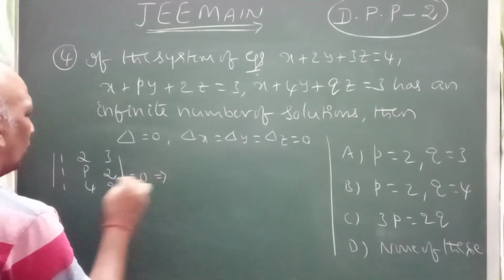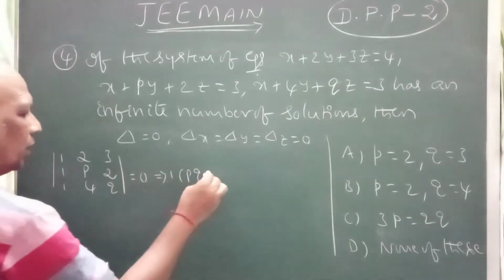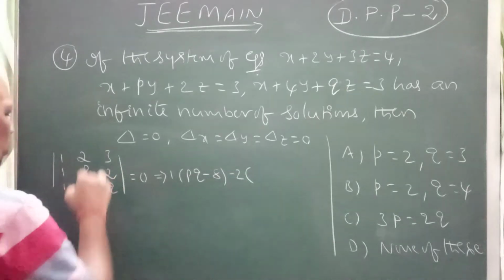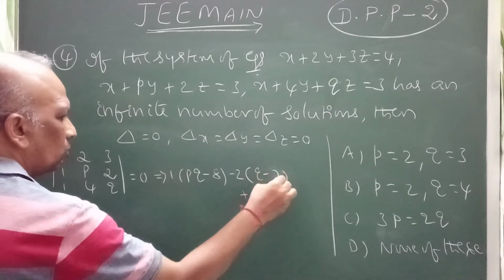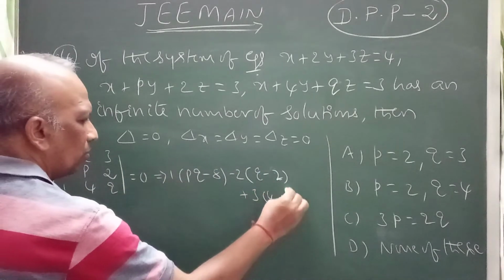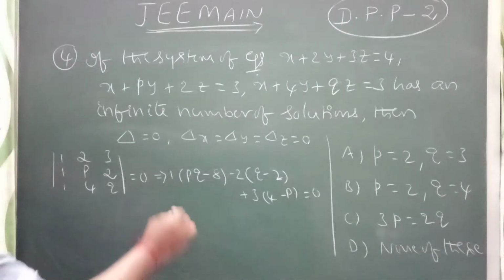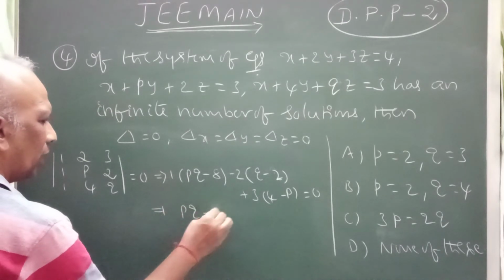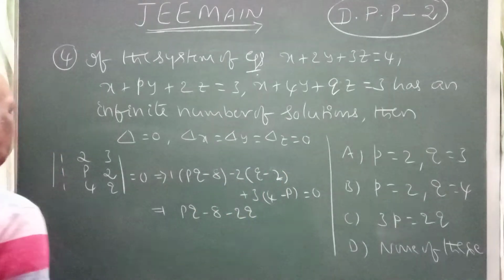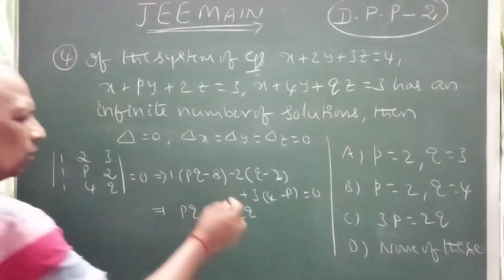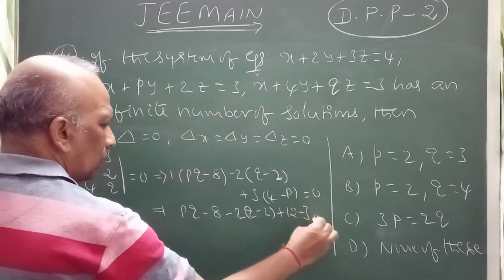If I simplify this, just expand the determinant: 1 into pq minus 8, minus 2 into q minus 2, plus 3 into 4 minus p, equal to 0. If we get one relation, we can find the answer. So I get pq minus 8 minus 2 into q minus 2 plus 12 minus 3p equal to 0.